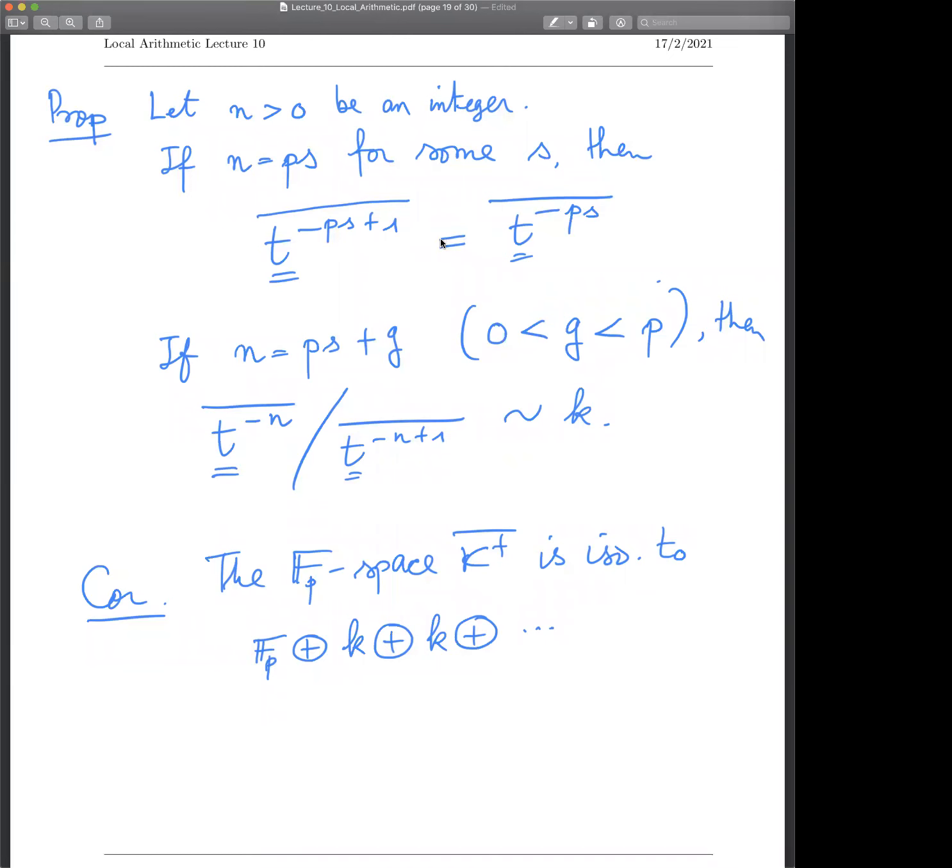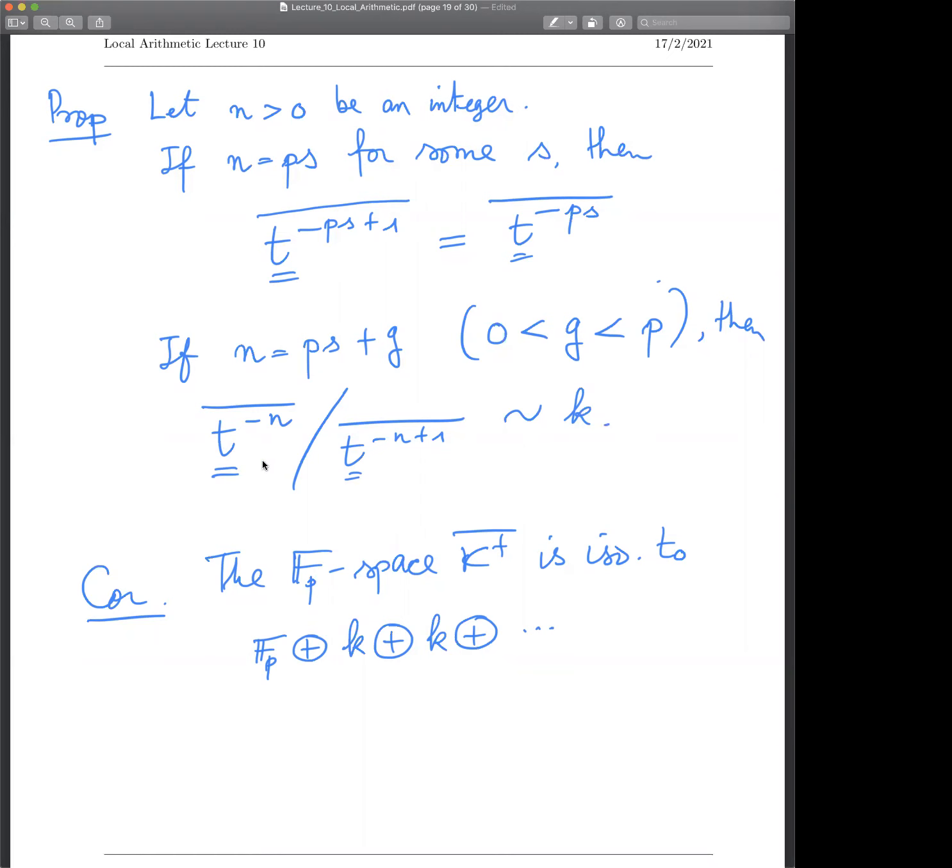So you have equality here. That's what the proposition is asserting. Normally you just have an inclusion. But if n is prime to p, then this subgroup is actually a proper subgroup, and the quotient is actually isomorphic to k.